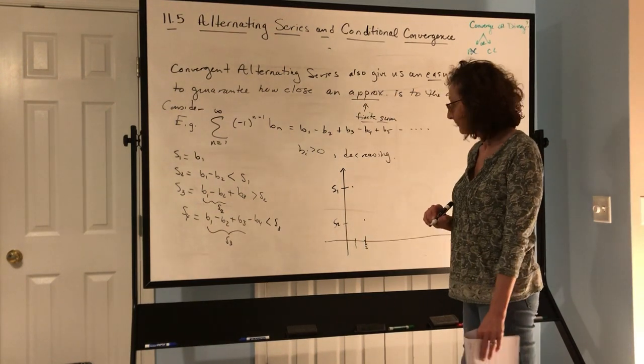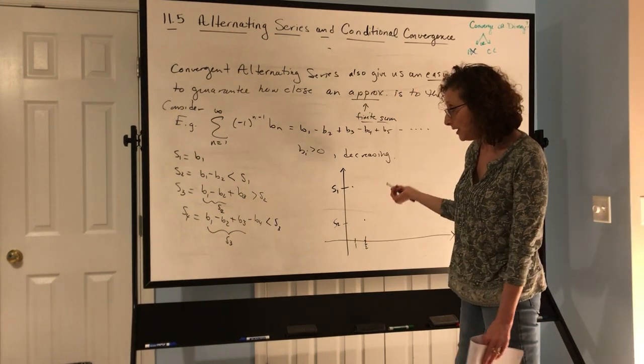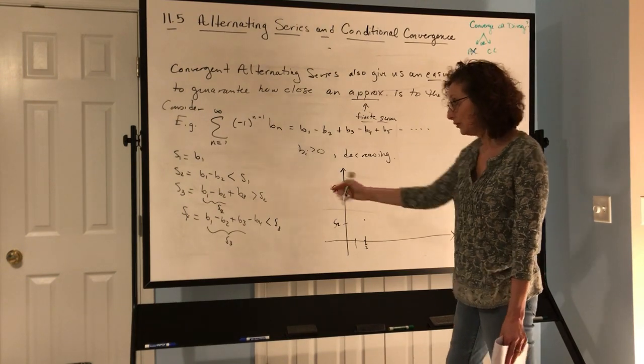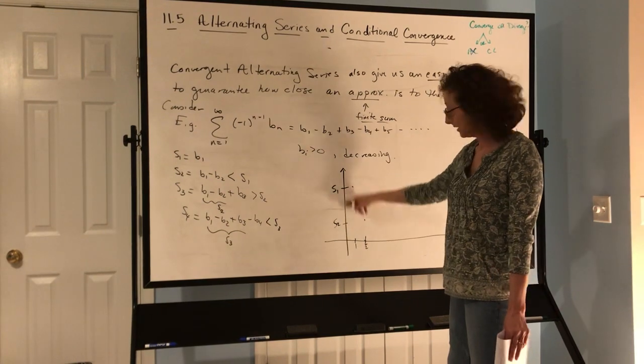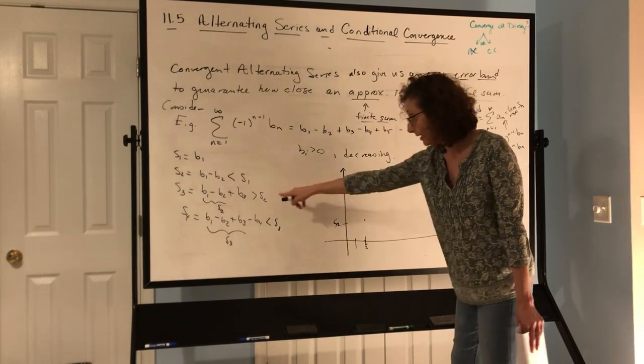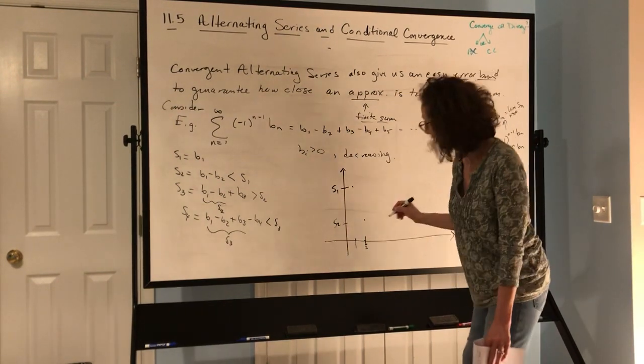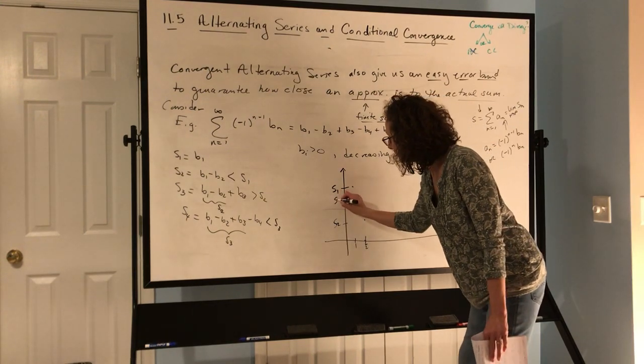Now S3 is going to be bigger than S2, because I'm adding something positive, but not as big a distance as before, because b3 is smaller than b2. So S3 is up there.